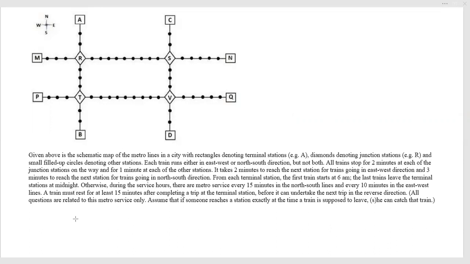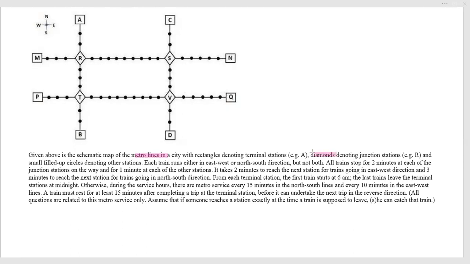Let's get into that. It's given that it is a schematic map of metro lines in a city with rectangles denoting terminal stations. So I can find out there are terminal stations like A, B, C, D, M, N, P and Q. These are the terminal stations.